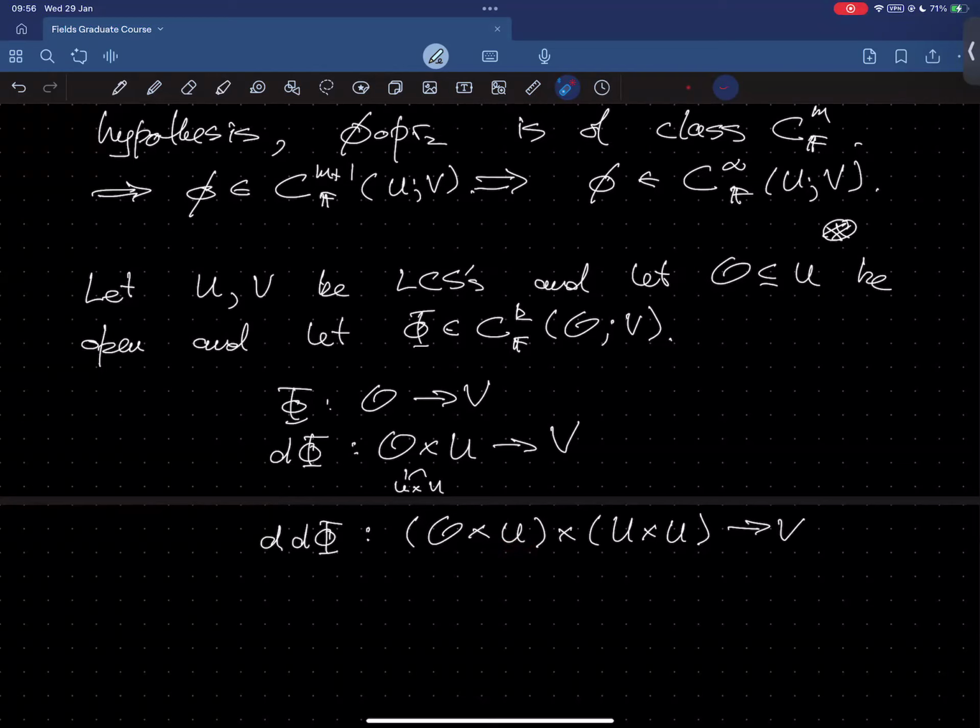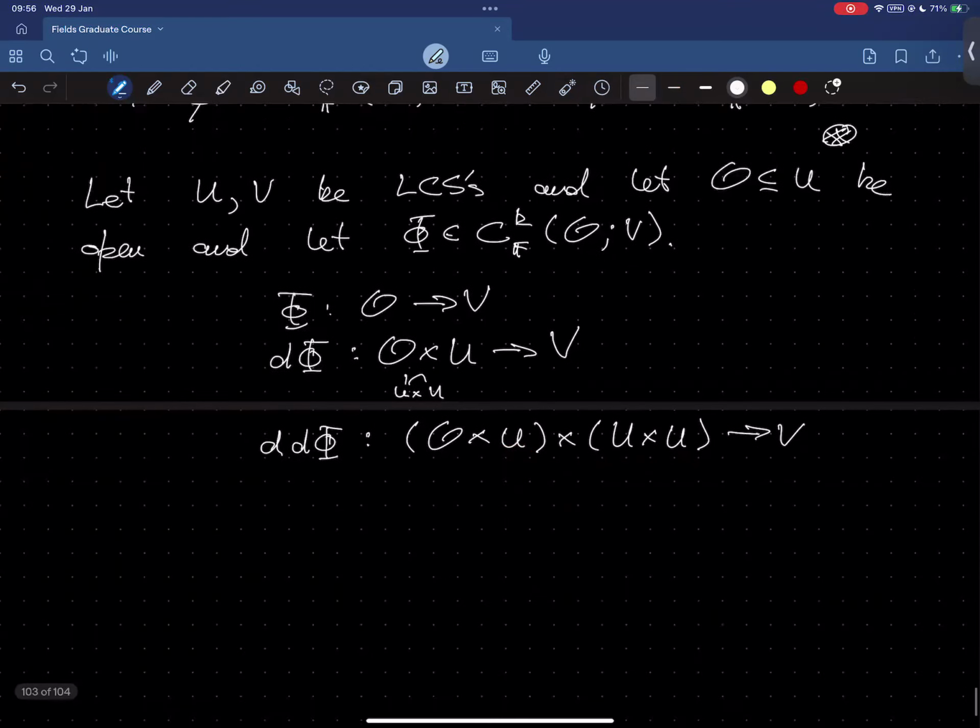So we somehow want to pare down the number of copies of U that are involved here. Let's see how you do that, and you do that basically with notation.